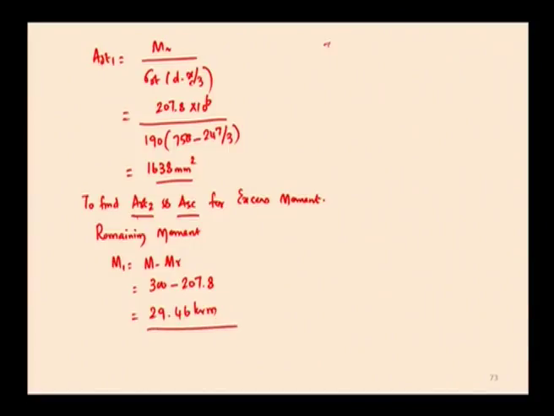Now to find out AST2, that is M1 is equal to AST2 into sigma ST into (D minus D dash).